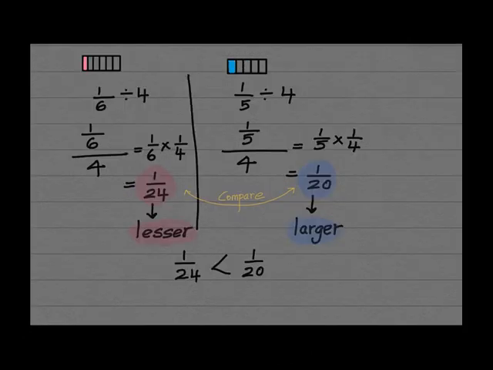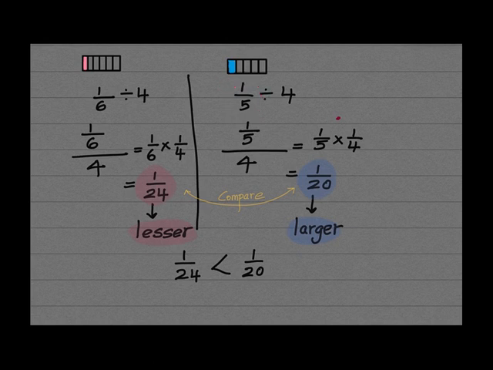Okay, so the question is two expressions, 1/6 divided by 4 and 1/5 divided by 4. The whole number is same in both the expressions. The difference is the fraction. Here we have 1/6. The size of 1/6, take a look at it in the tape diagram. It is very small compared to the fraction 1/5, which is a little bigger than 1/6, right?